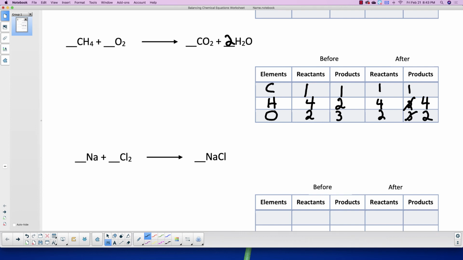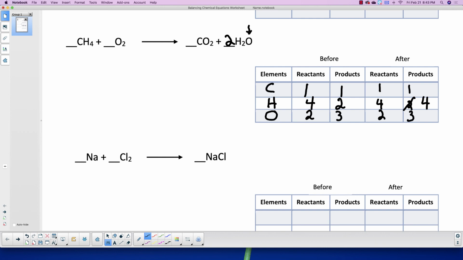And does that make our numbers even? No, I made a mistake here. Hold on a second. You can't go from 3 oxygens to 2. No, that's wrong. So we started with 3. We have 2 here.